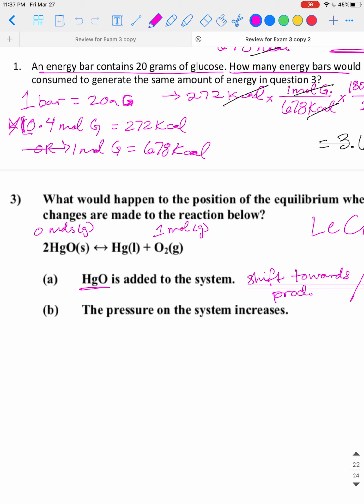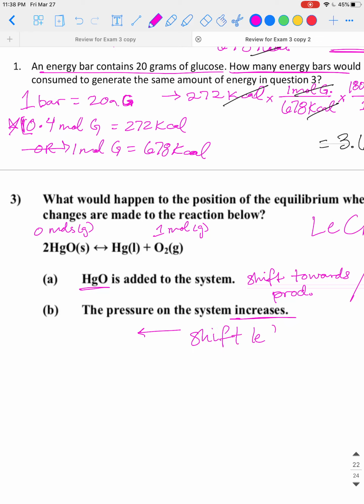But because we have fewer moles on the reactant side, more moles of gas on the product side, if the pressure increases, Le Chatelier's principle says that the equilibrium will shift to the side of the reaction with fewer moles of gas. I'm going to say that again. If we increase pressure, equilibrium will shift to the side of the reaction with fewer moles of gas, which in this case is towards reactants.